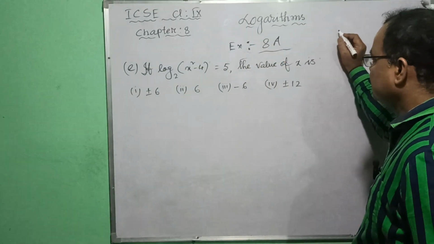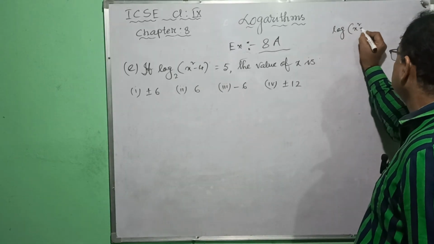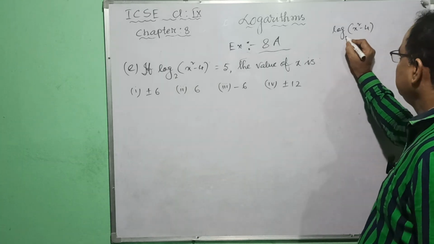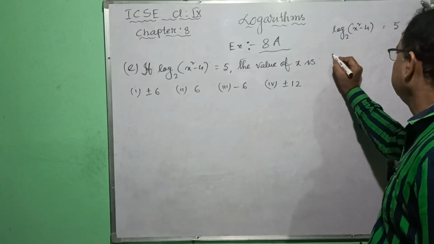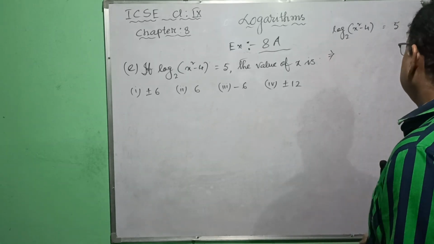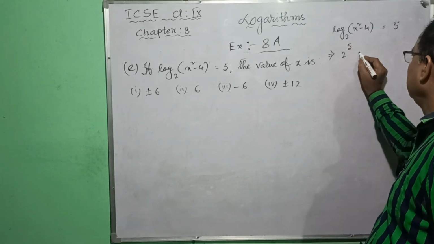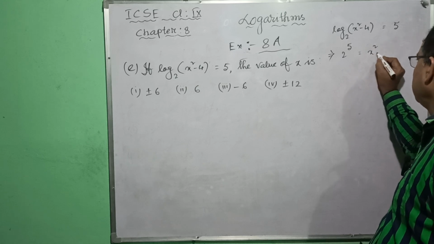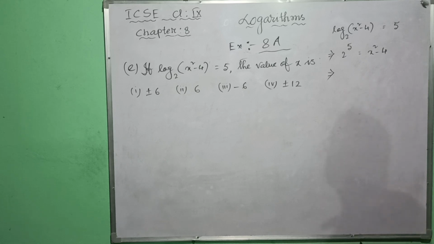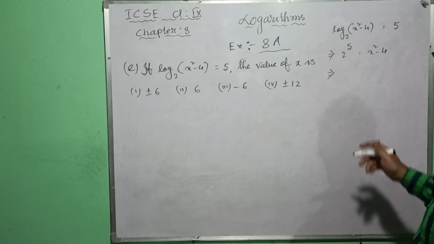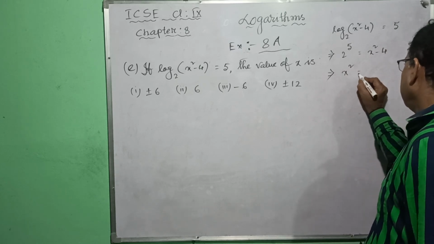From the condition, we'll write log of x square minus 4 base 2 equal to 5. So we can write it 2 to the power 5 equal to x square minus 4, as the base is 2. 2 to the power 5 is 32.